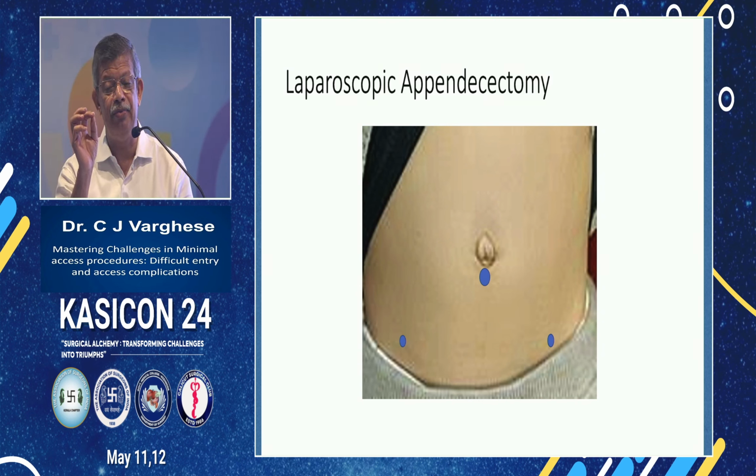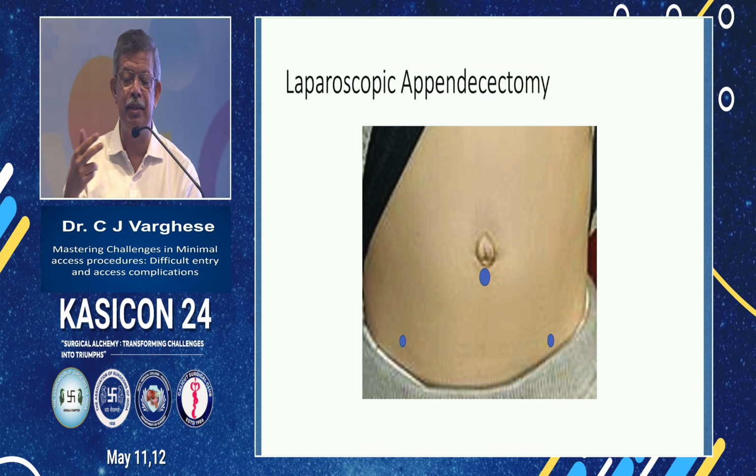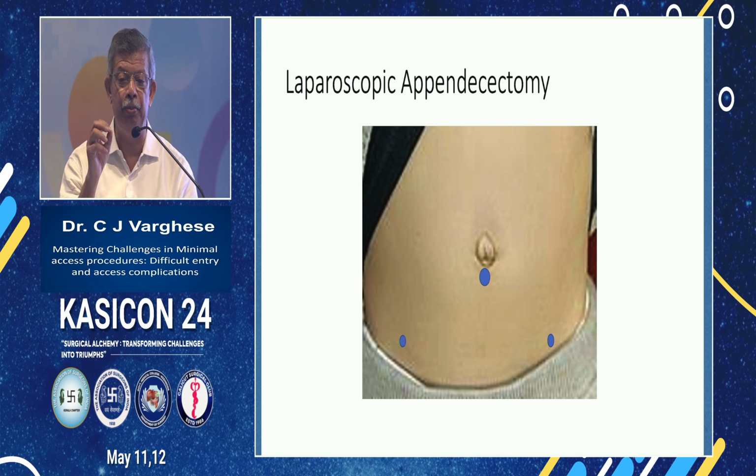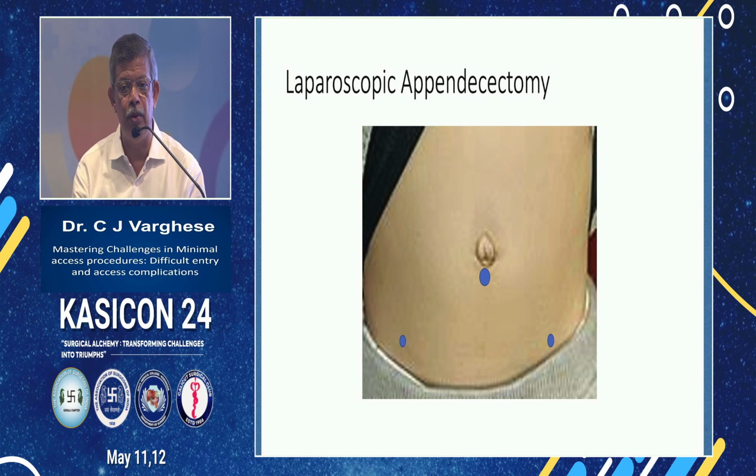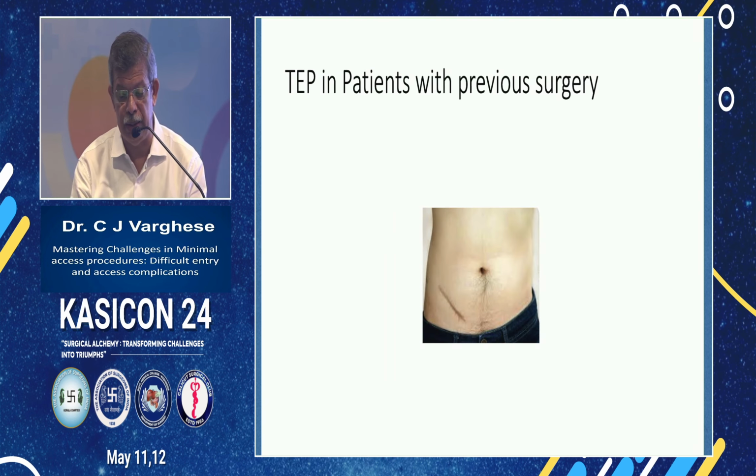Then we saw fecal matter on the tip of the Maryland and found what it was. Then we traced back and saw that it had come through the colon. So the important lesson is that when the port is away from your field, the entry, especially the entry, not the exit, should be under vision, because if you do it blindly, sometimes it may go through the bowel and cause injury.